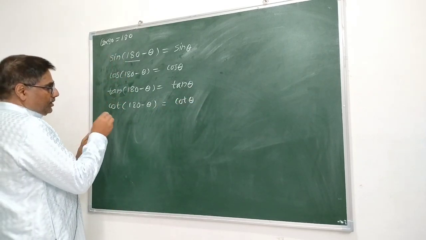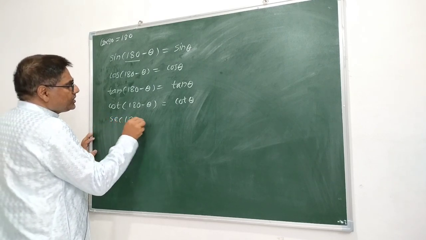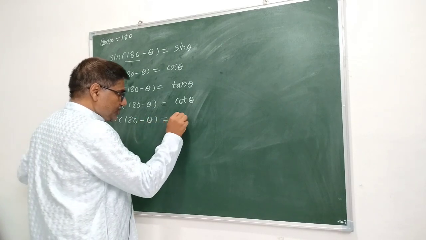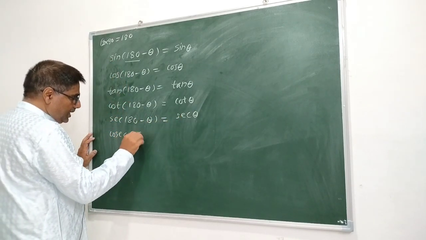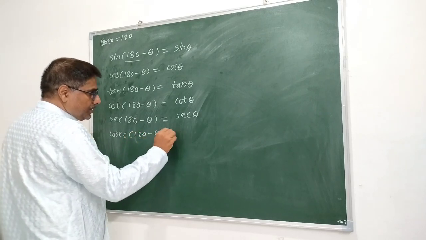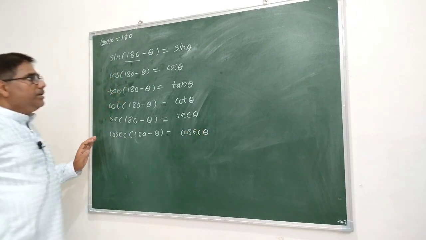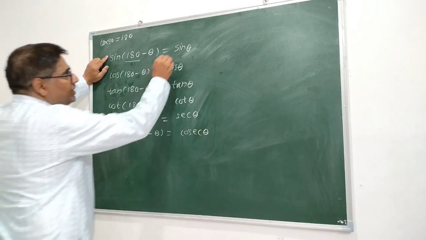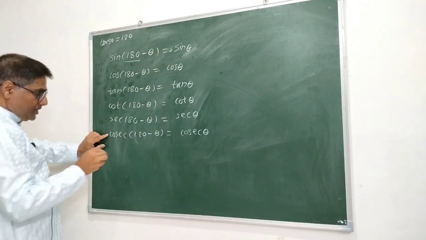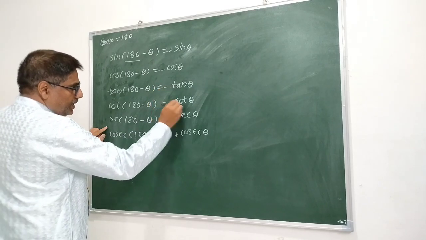Then sec 180 minus theta is equal to sec theta, and cosec 180 minus theta is equal to cosec theta. Now 180 minus something means second quadrant. In second quadrant, sine is positive and cosec is positive, and remaining ratios will be negative.